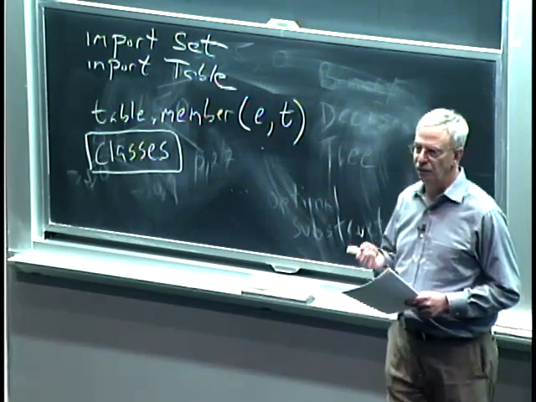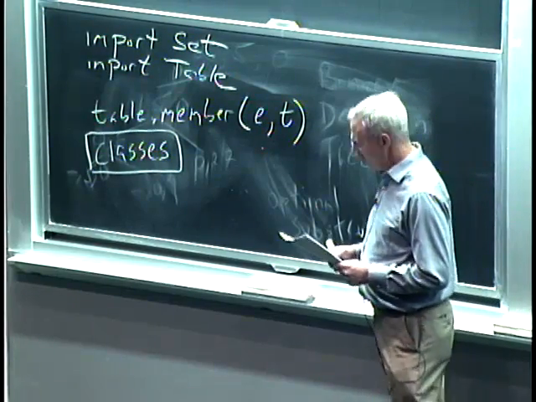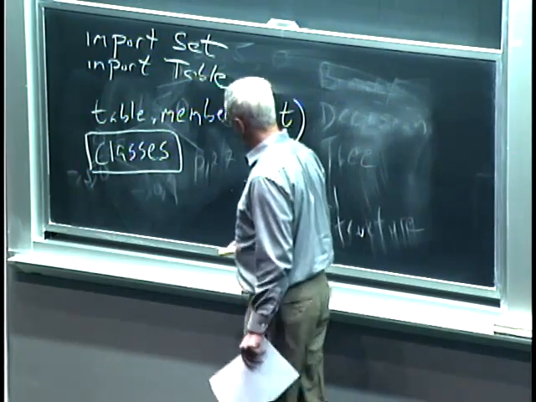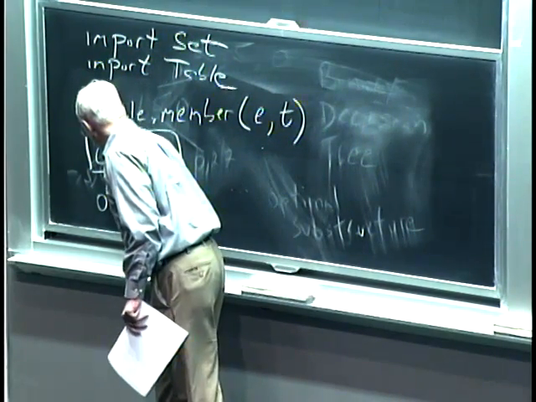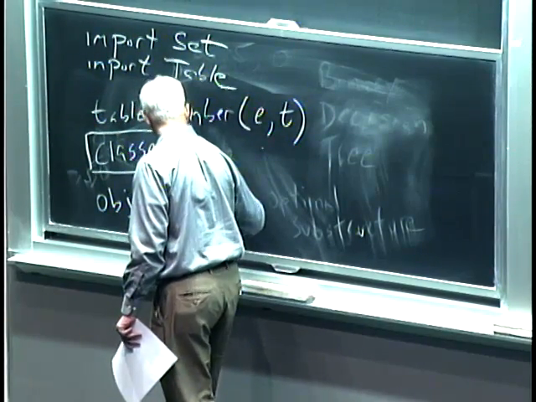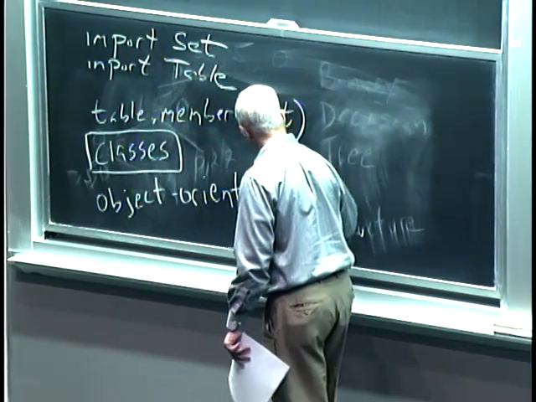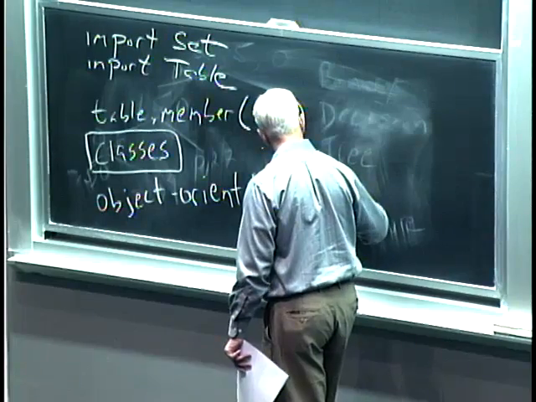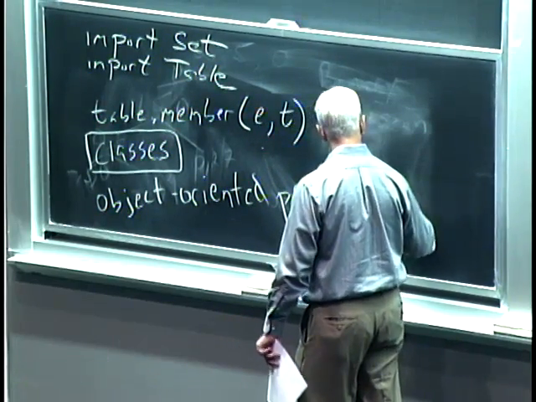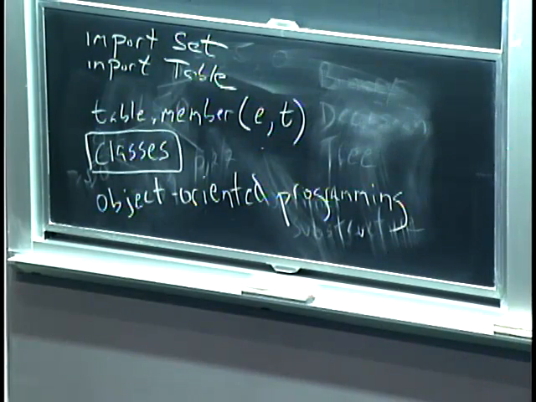Now, they can be used in different ways, and they have been historically used in different ways. In this subject, we're going to emphasize using classes in the context of what's called object-oriented programming. And if you go look up Python books on the web or Java books on the web, about 80% of them will include the word object-oriented in their title. Object-oriented Python programming for computer games or who knows what else.